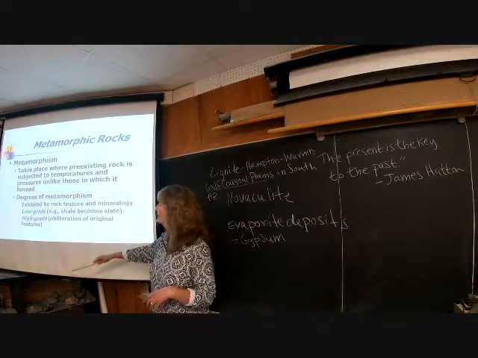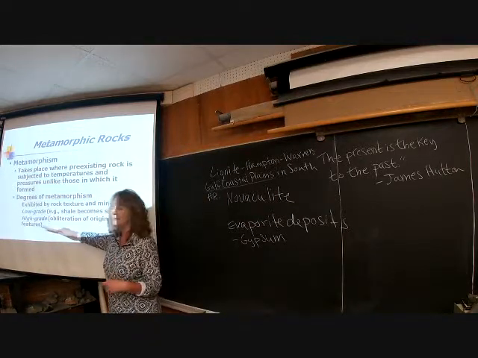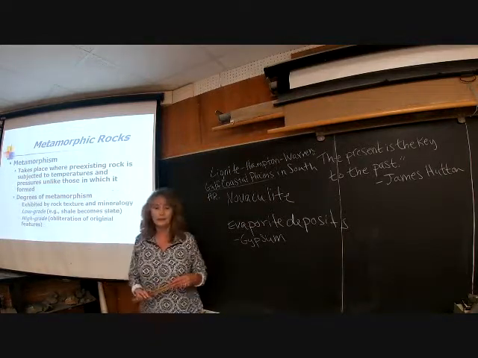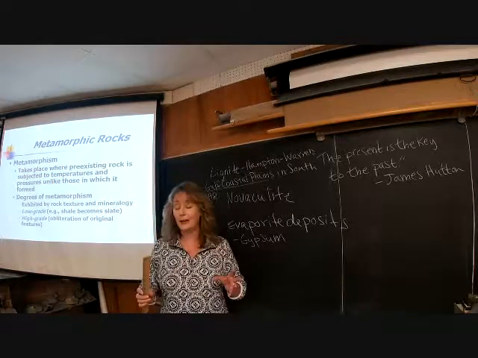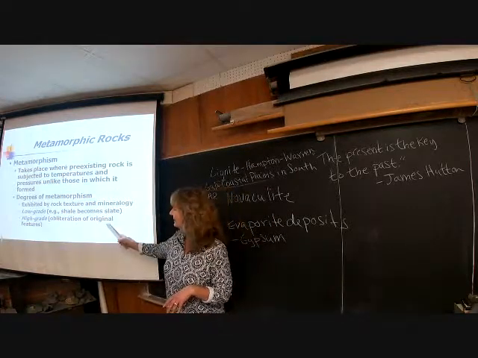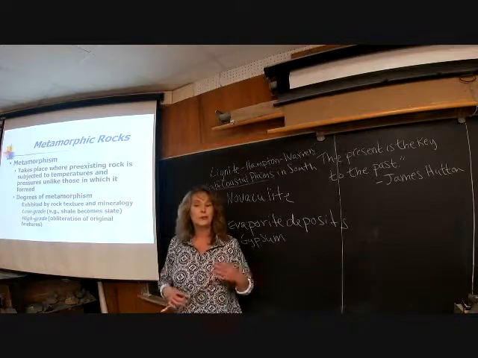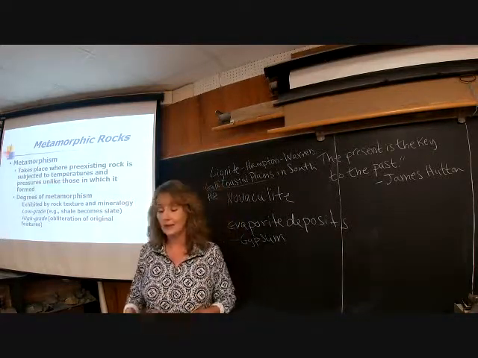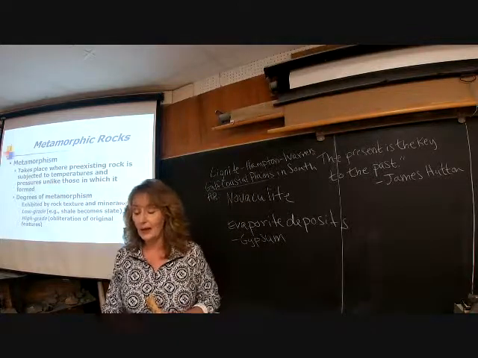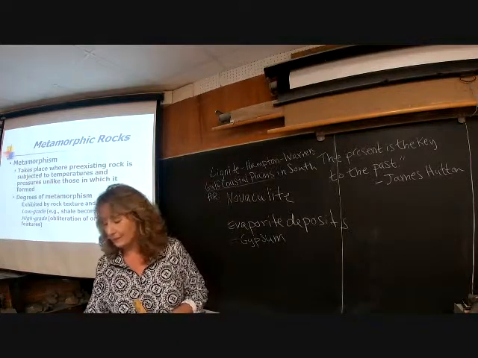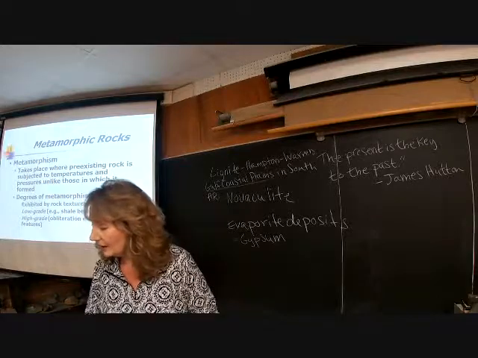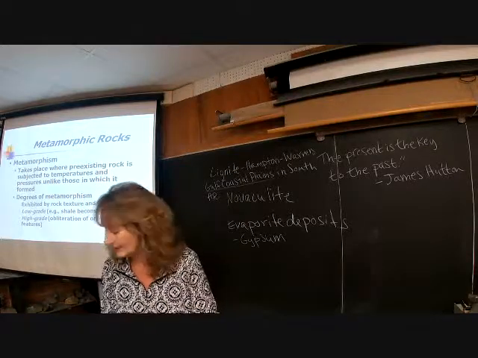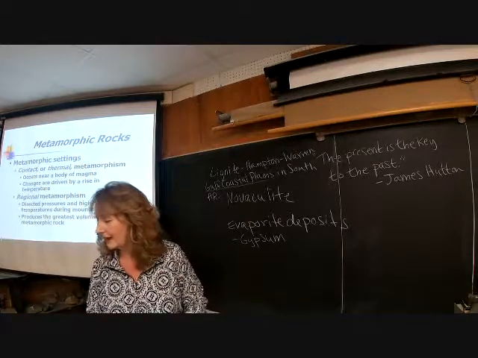You can really get different degrees of these, and a high grade of that is obliteration of the original features. And so, yes, you can get quite a change, but not to the point that it melts, right? Because that would be igneous again. But it doesn't melt, so different degrees of that. Okay.